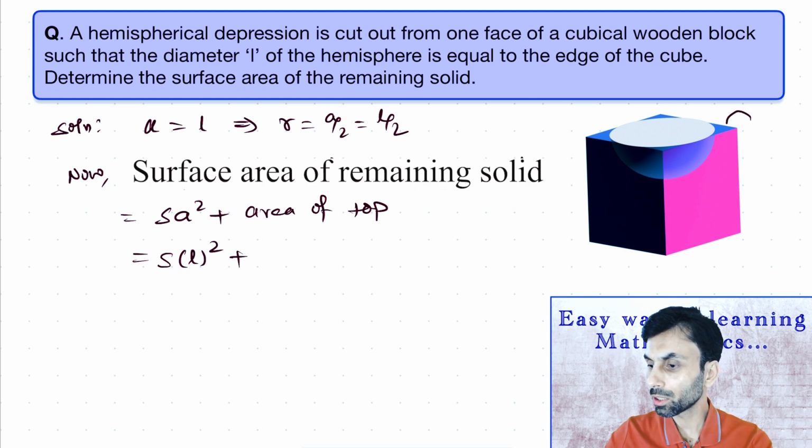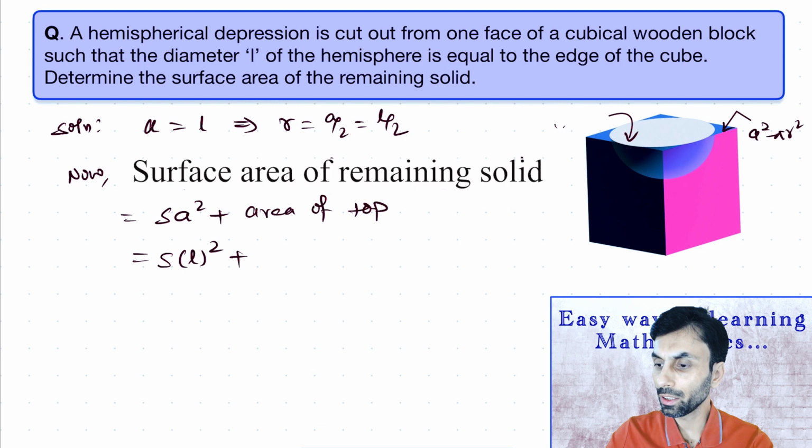The area of the corners will be a square minus pi r square, and area of the circular region, that is a curved surface area of hemisphere, will be 2 pi r square.